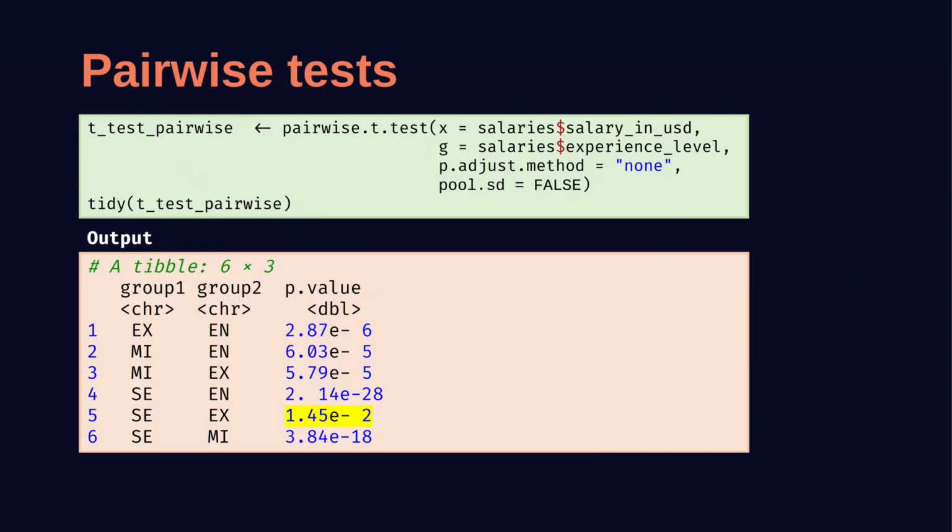We'll talk about the p.adjust.method argument shortly. The output is a data frame where each row shows a comparison between two experience levels, labeled as columns group 1 and group 2. We focus on the p-value column, which contains the p-values for each test. 5 of the 6 p-values are below the significance level of 0.005. The one that is above is highlighted in yellow.